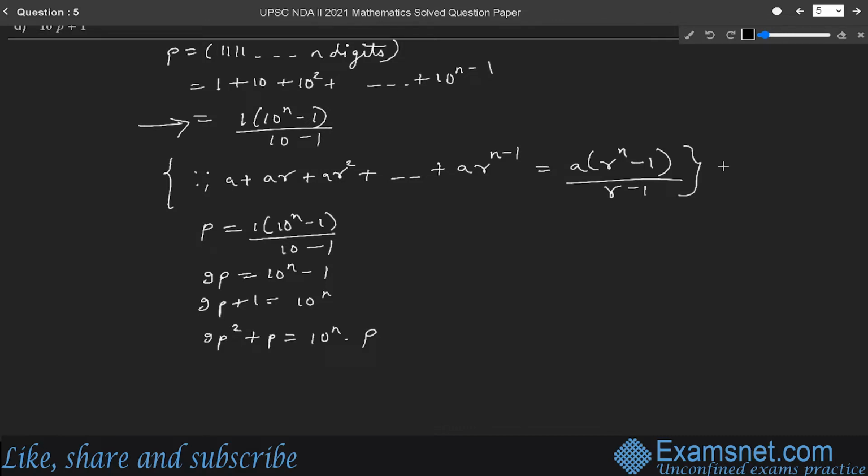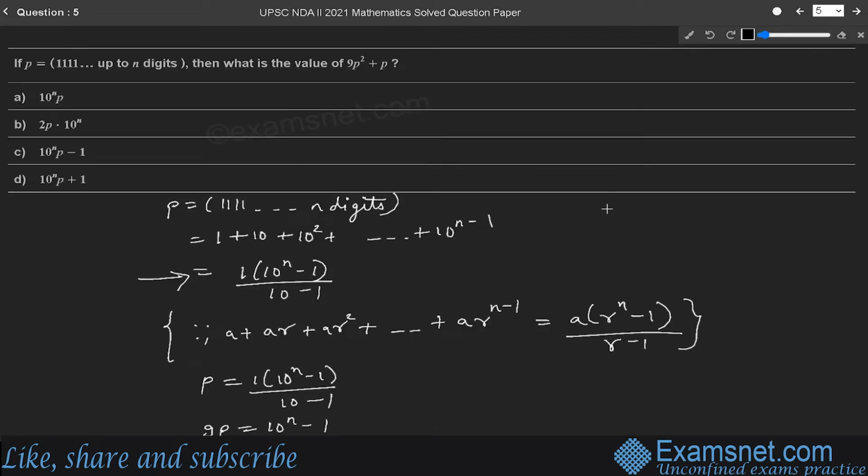Therefore, the correct value for the given expression 9p square plus p is 10 to the power n into p. So the correct option is option A. This was a very simple question, and this is a question from sequence and series.